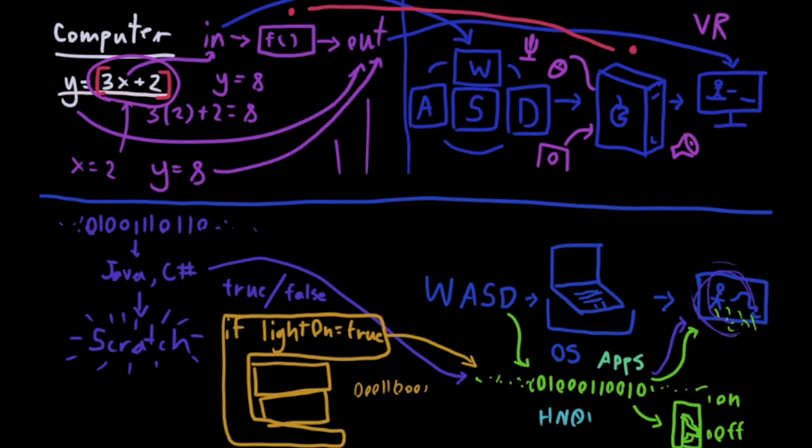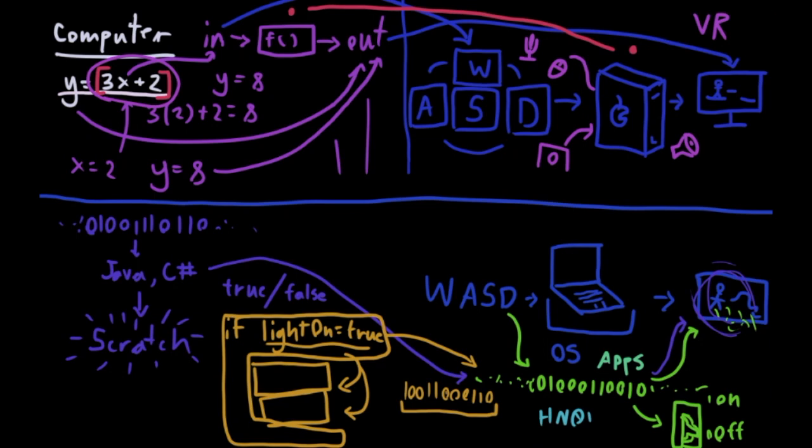This light on statement is going to read this series of Boolean numbers, and then it's going to check, okay, if there is a certain sequence of binary numbers present, then it will do a certain thing. When you boil it down to binary, it's way more complex than that, but this is just a basic example to boost your understanding of it.